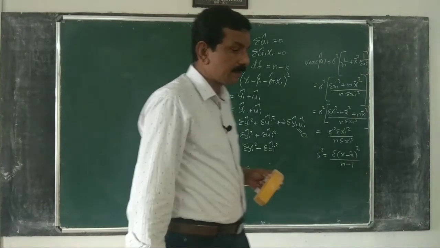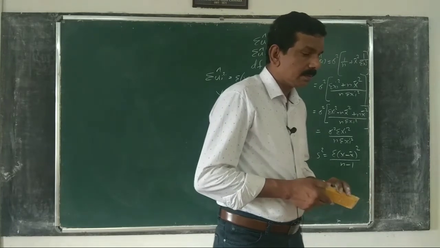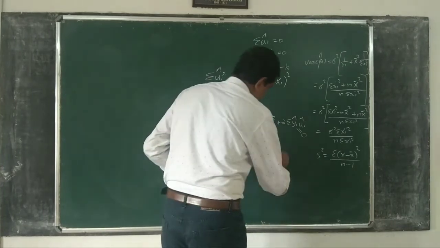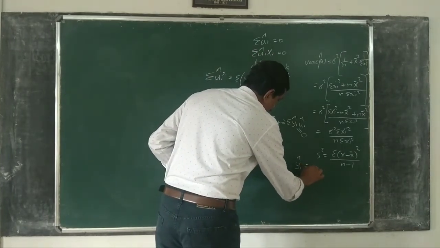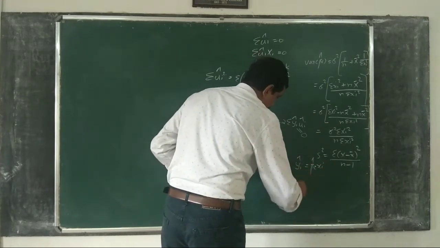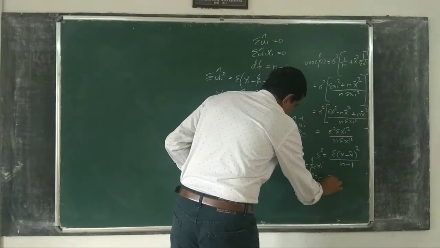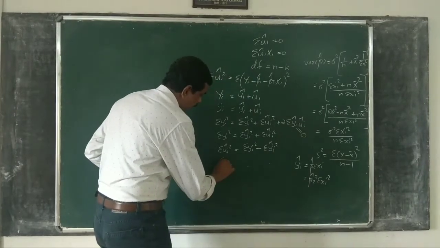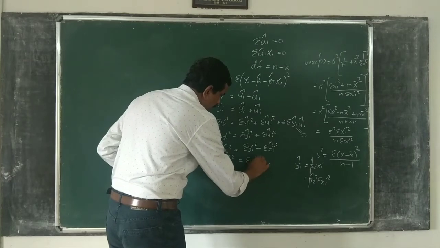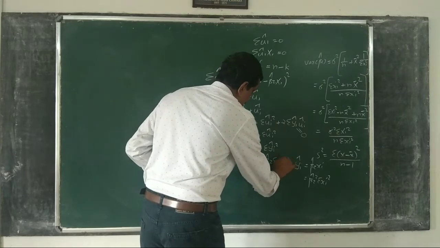And since y hat i is equal to beta 2 hat xi, sigma y hat i square is equal to beta 2 hat square into sigma xi square. So sigma u hat i square is equal to sigma yi square minus beta 2 hat square into sigma xi square.